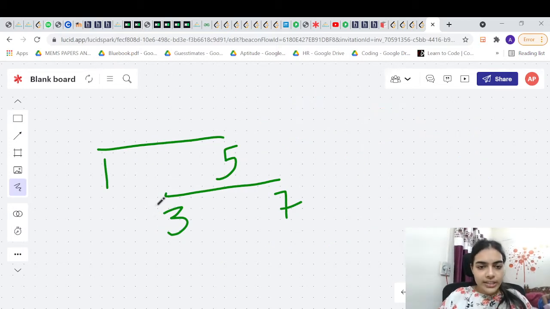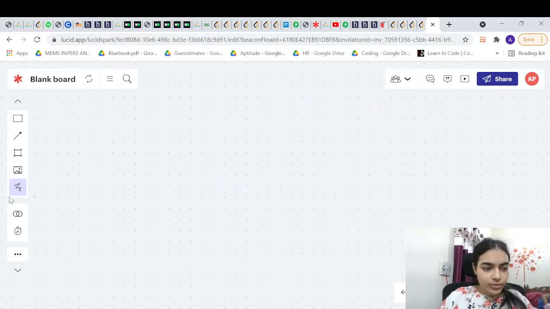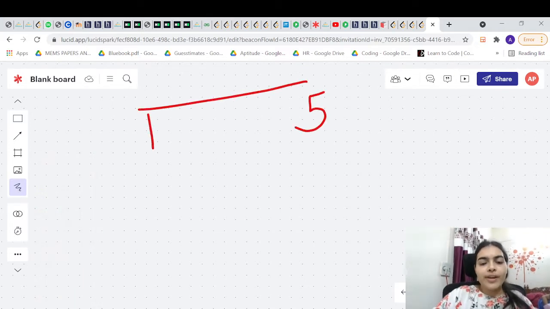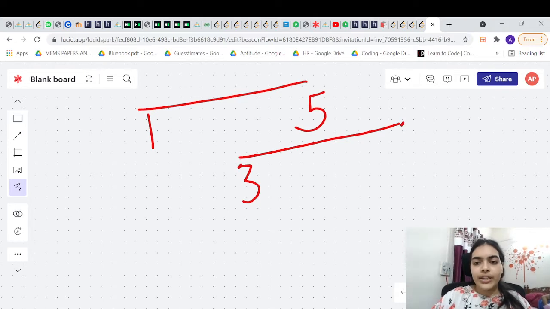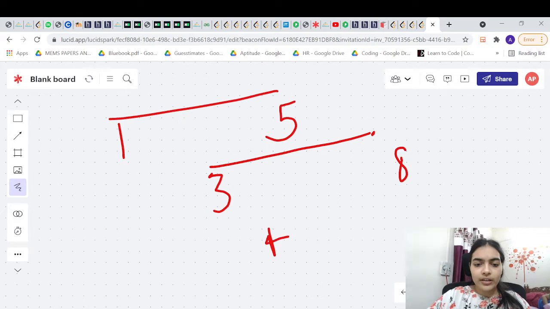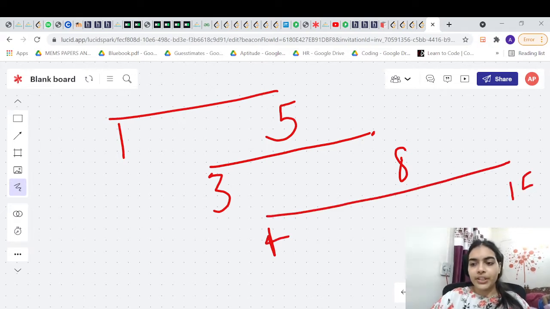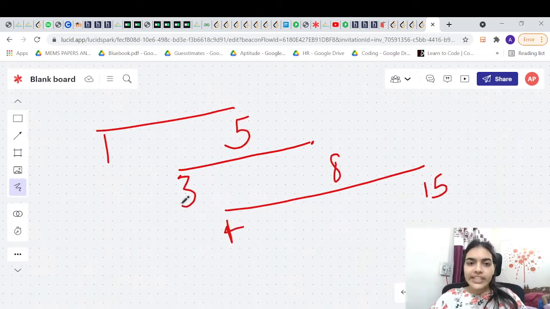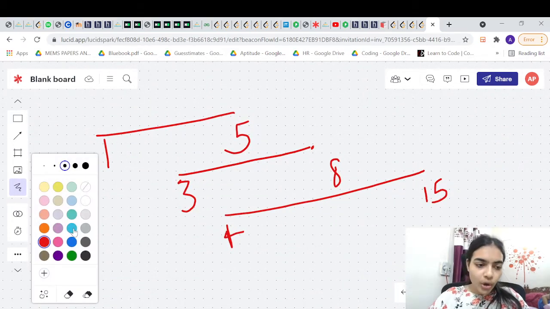Okay, now let's take some other example to build the logic. Let's say we have the interval [1, 5], an interval [3, 8], and another interval [4, 15]. What is the minimum number of deletions you need to make them non-overlapping?